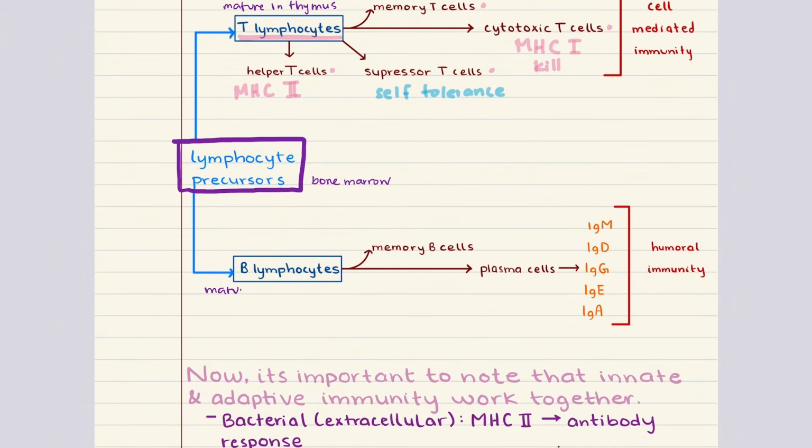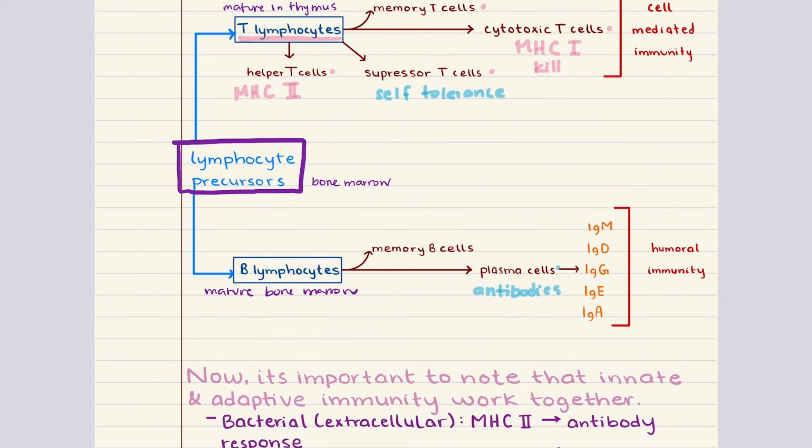Then we have B lymphocytes. They mature in the bone marrow, and when they're activated, they can differentiate into plasma cells or memory B cells. Plasma cells are going to produce antibodies that neutralize, opsonize, agglutinate pathogens, or trigger degranulation and complement activation. In addition, we talked here about isotype switching. This changes the antibody class in response to cytokines without altering specificity.